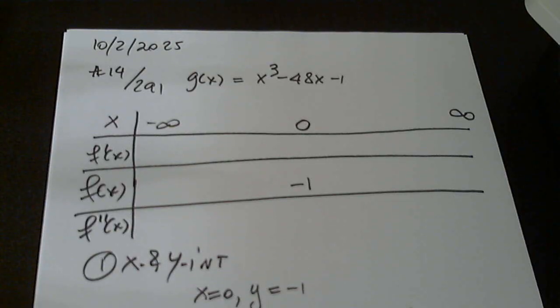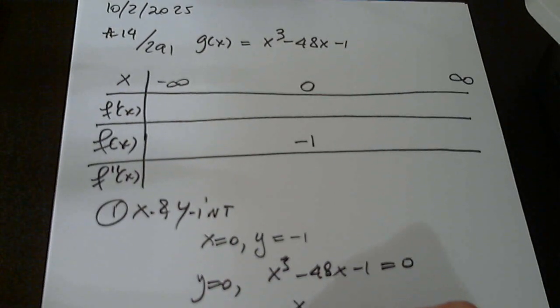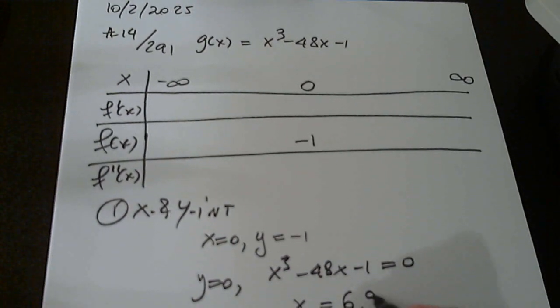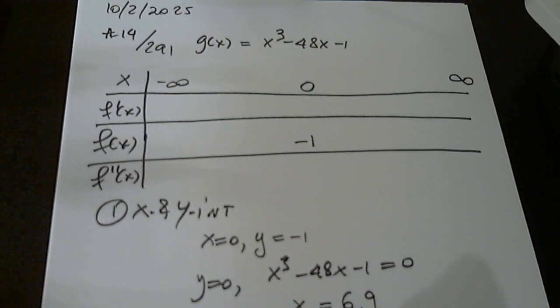The next in line is -48. And the next in line is -1. So now we have 3 real solutions. I'm going to write x1 as 6.9, x2 as -6.9, and x3 as -0.02.